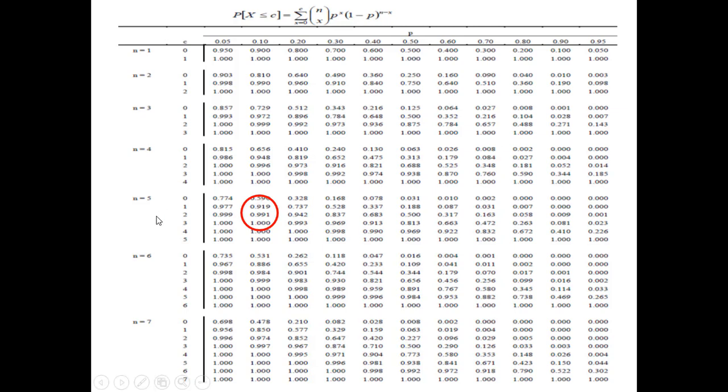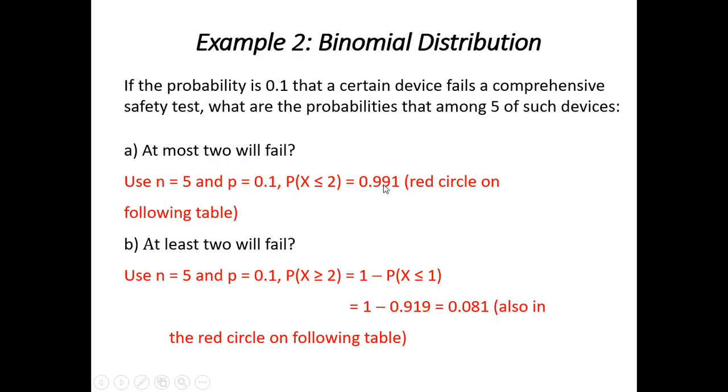So here's the section where n is 5. We know p is 0.1, so the probability at most 2 will fail will be given right here with this value, 0.991. Here again, you could see the red circle, 0.991. The probability x is less than or equal to 2.